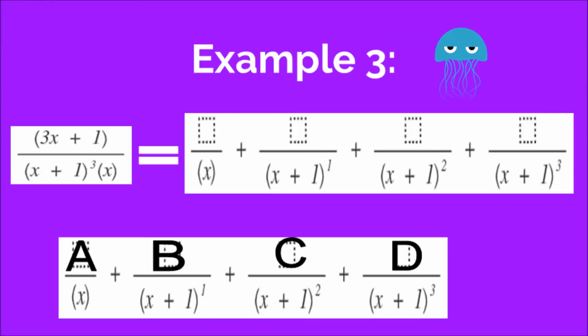For example number 3, while it may look very confusing, it's actually not. Let's look at the original rational function. We have 3x plus 1 divided by the quantity of x plus 1 raised to the power of 3 times x. Now, what makes this different from the first two example problems that we did is that there is multiplicity. In this situation, we have a linear function, x plus 1, raised to the power of 3.